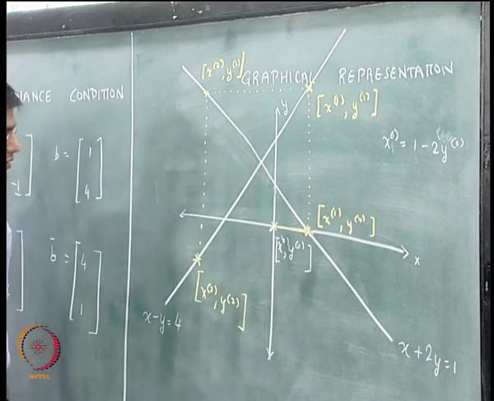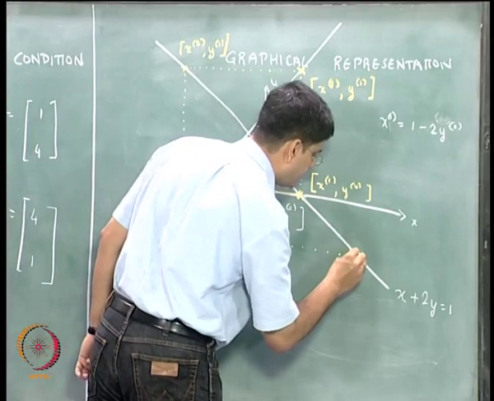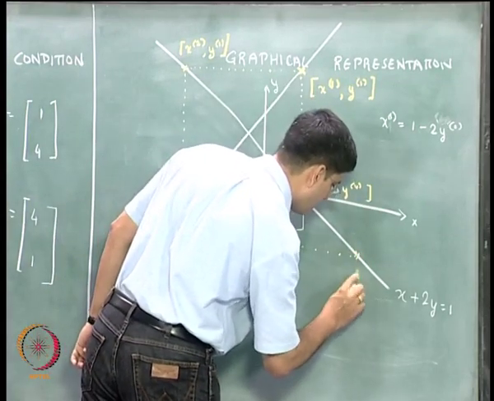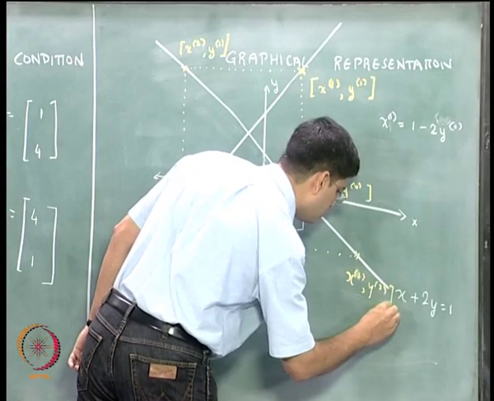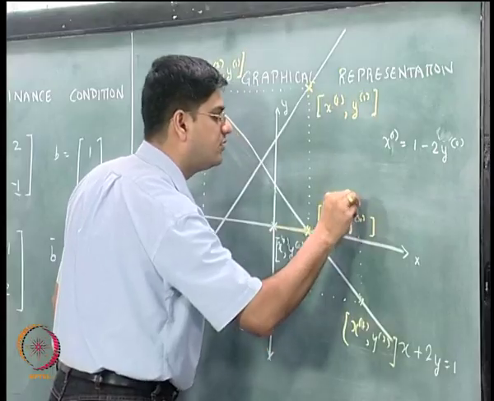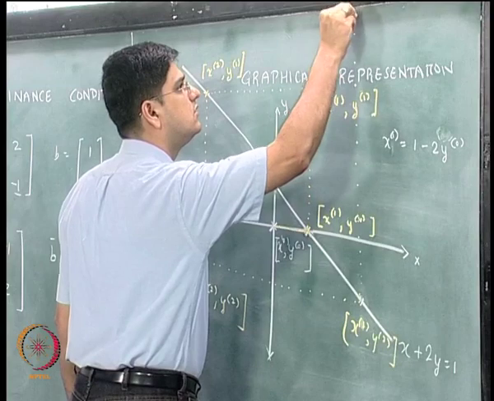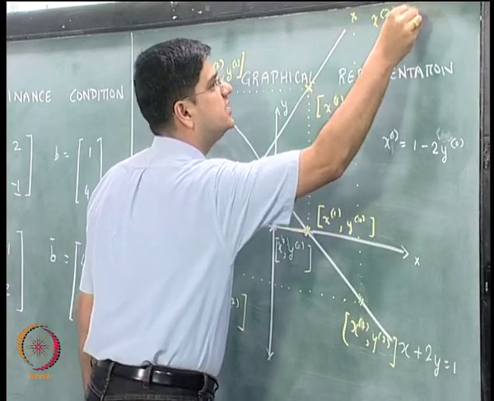We keep y2 the same and reach this point (x3, y2), and when we project along, the point we get is (x3, y3).